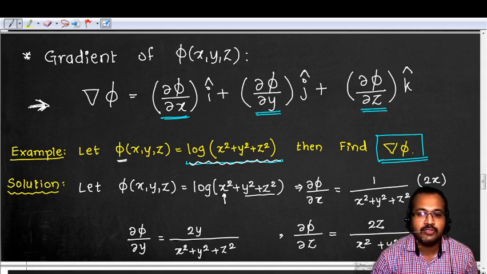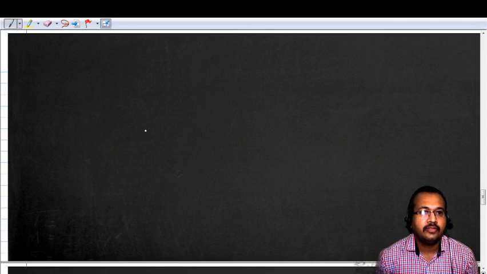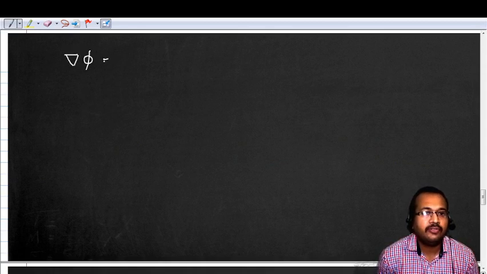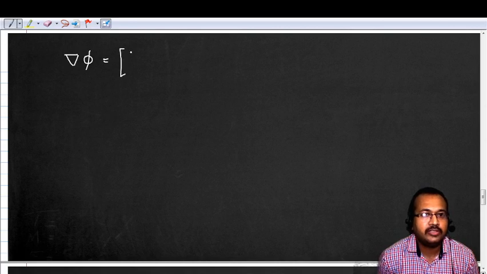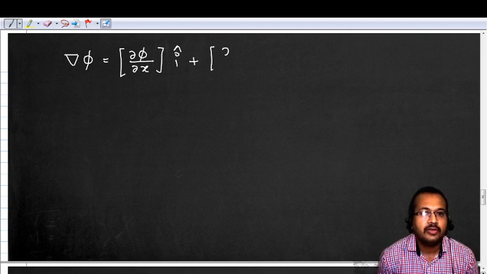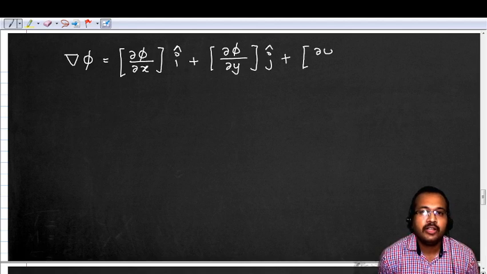Now substituting these values in the formula, the required value for the gradient is the partial derivative of phi with respect to x into i cap, plus the partial derivative of phi with respect to y into j cap, plus the partial derivative of phi with respect to z into k cap.